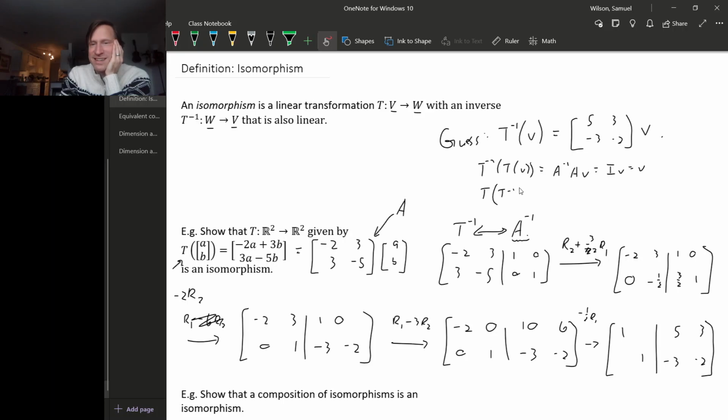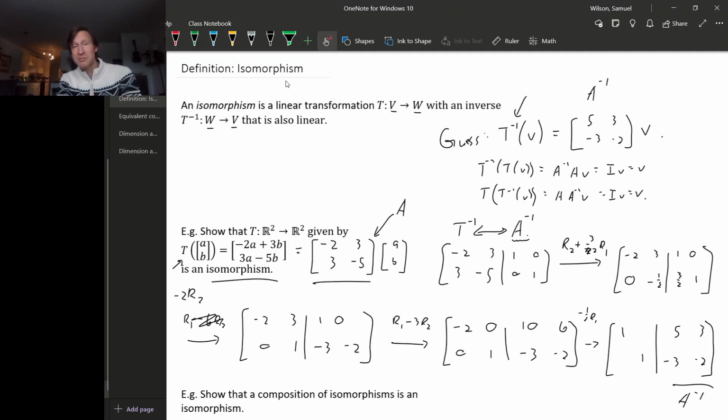T applied to T inverse of V is A times A inverse times V, but that's the identity times V, and that's V. Okay, so we showed that this is an isomorphism essentially by finding its inverse. Since this linear transformation is given by this matrix, we found the inverse of that matrix, and that inverse matrix gives us the inverse transformation.